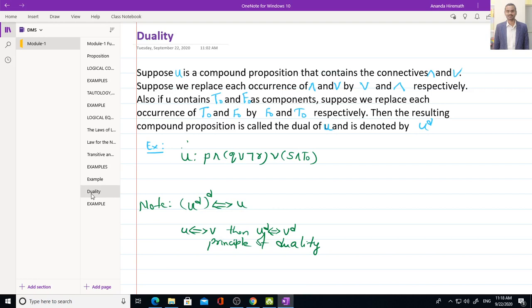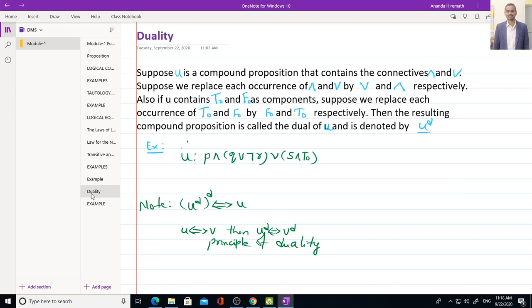Also, if U contains T naught and F naught as components, suppose we replace each occurrence of T naught and F naught by F naught and T naught respectively. Then the resulting compound proposition is called the dual of U, and it is denoted by U of D.